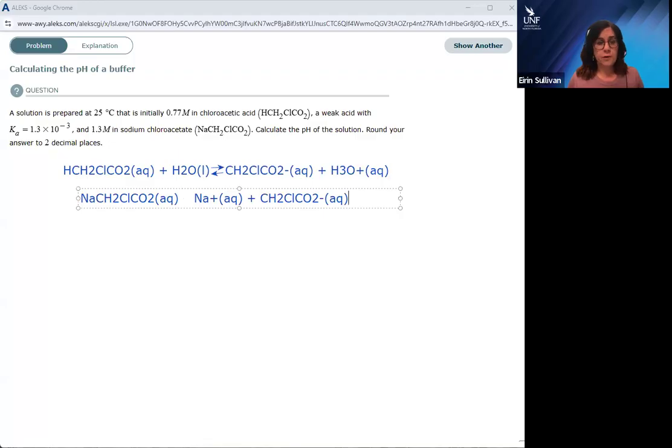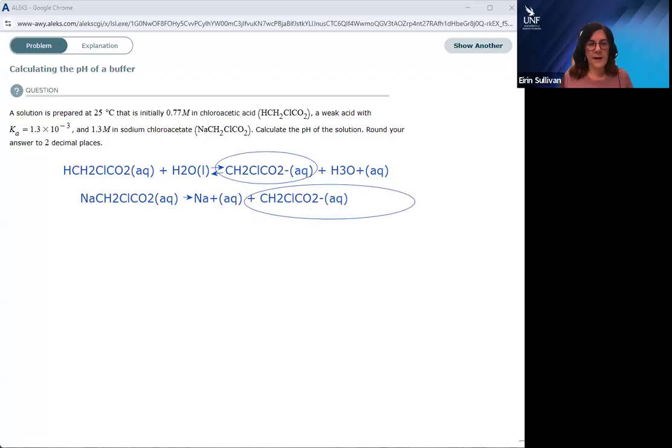So sodium would be a neutral cation. Cations are either neutral or acidic, and sodium is the conjugate counterion of a strong base, sodium hydroxide, so that's going to be neutral. But this ion right here, the chloroacetate ion, is going to be basic because it is the conjugate base of a weak acid. Look, we have a match here and here, okay? So this is going to be a basic salt.